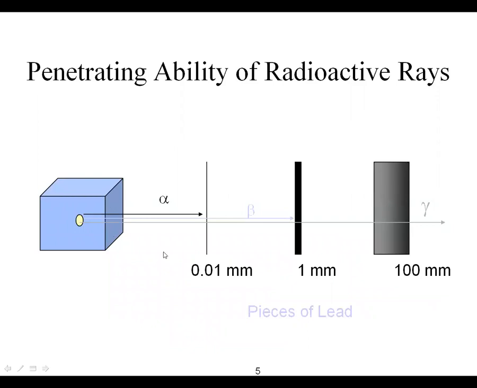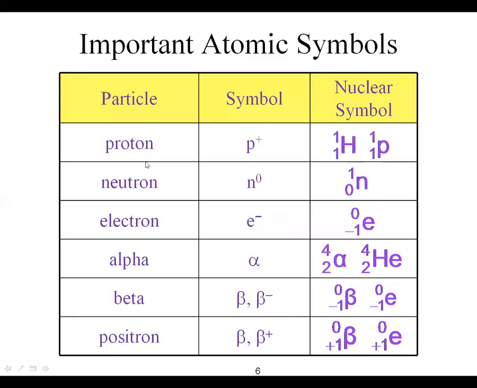Obviously, you always want to make sure you're wearing the proper equipment, and most importantly as well is time. Not being exposed to it for a super long period of time is also very helpful to not have bad things happen. Here's just another table of the different symbols that we've talked about.